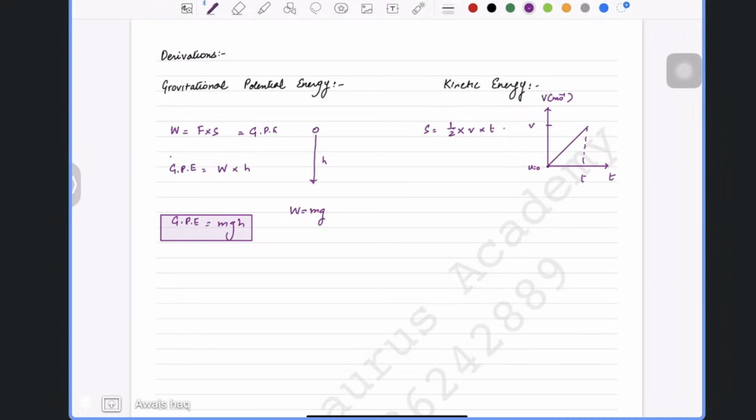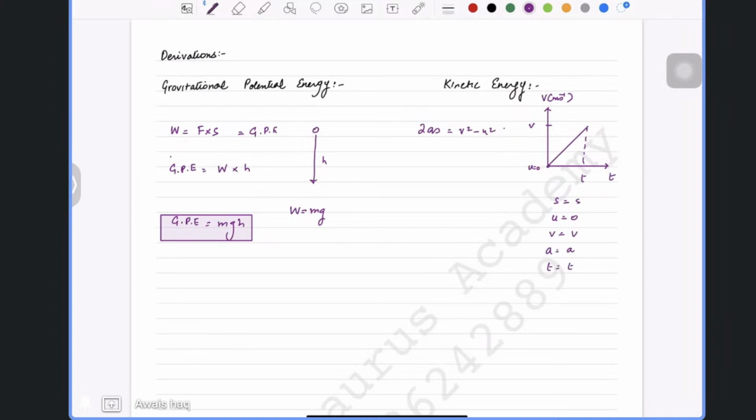In fact, to remove t we can do it in a simpler way. We can say 2as equals v square minus u square, where s is the displacement, initial velocity is 0, final velocity is v, acceleration is a, and time is t.